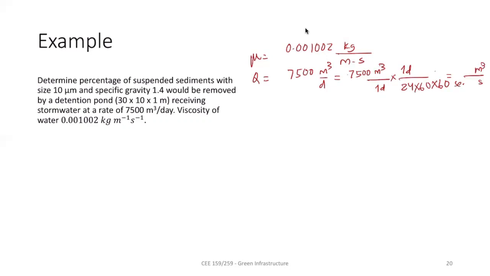Then you also have to calculate the percentage of sediment particles. That means you have to calculate the removal rate, which is settling velocity divided by overflow rate.